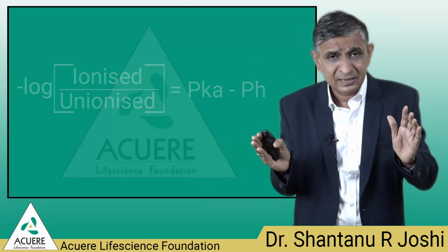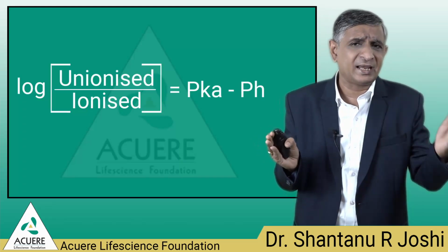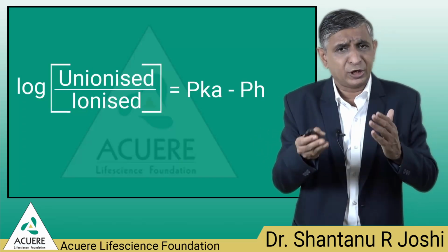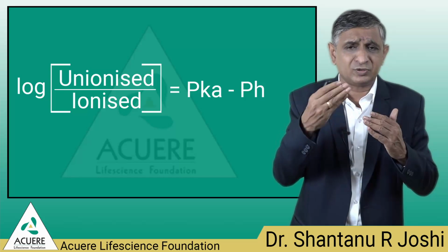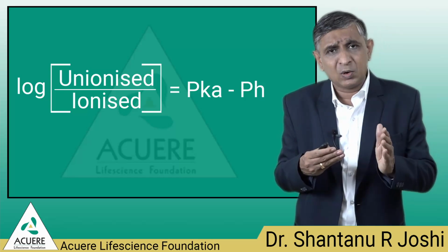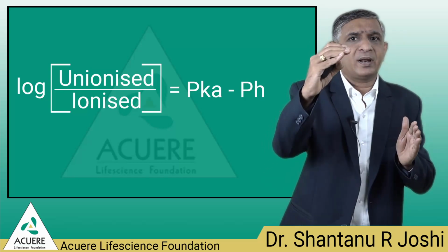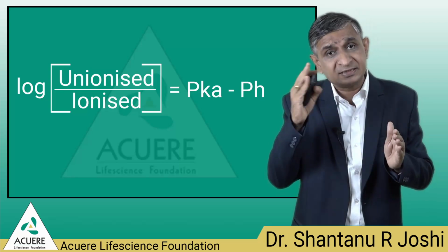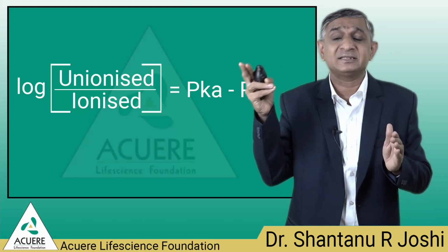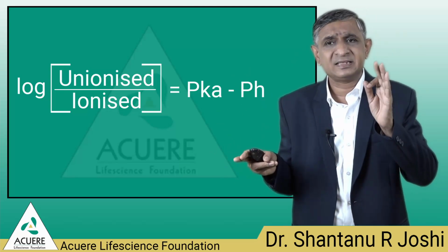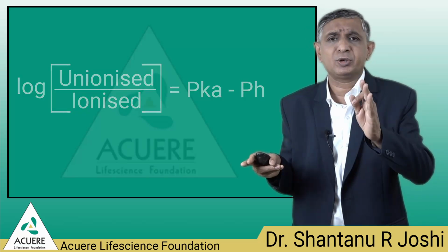Am I right? Yes. Now if you don't want this negative logarithm, you can make it positive by changing the position of ionized to unionized. And this is how log of unionized to ionized is equal to pK minus pH. This is the equation every student should know.